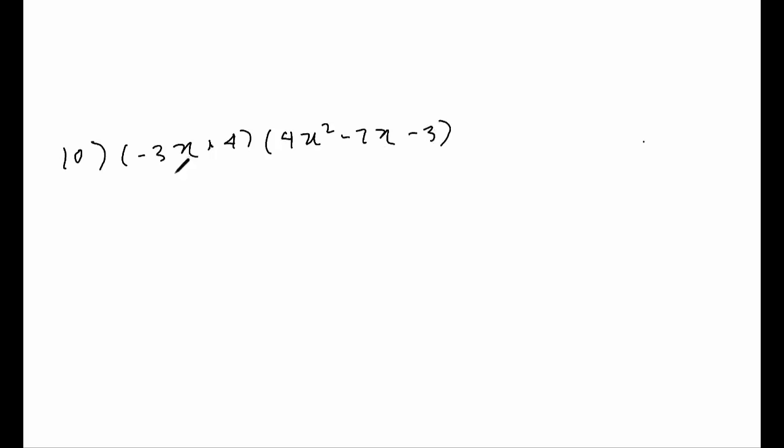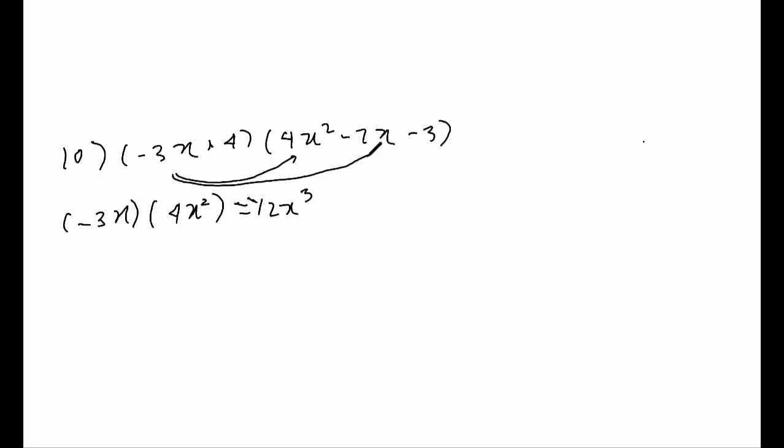So first we'll distribute the negative 3x. So we have negative 3x times 4x squared, and that gives us negative 12x cubed.